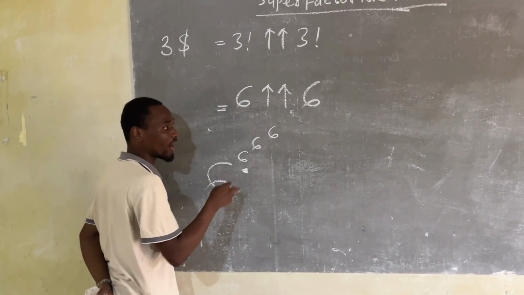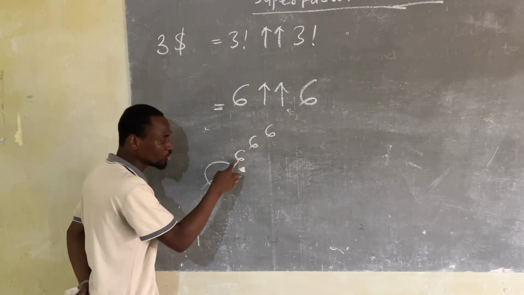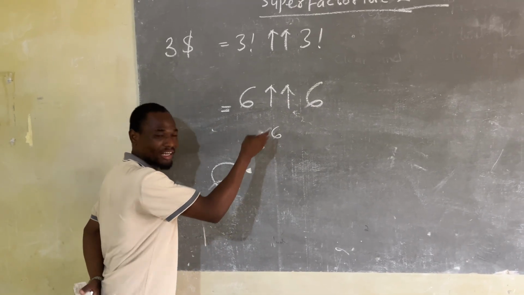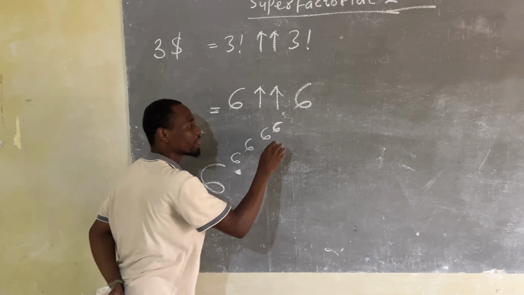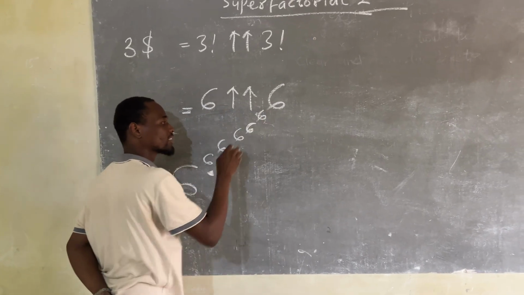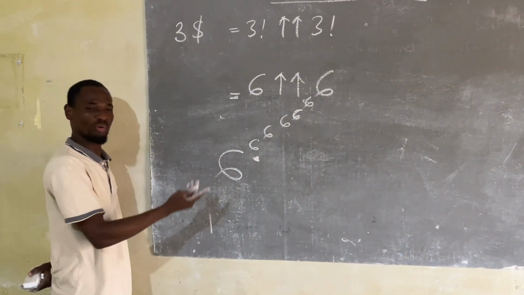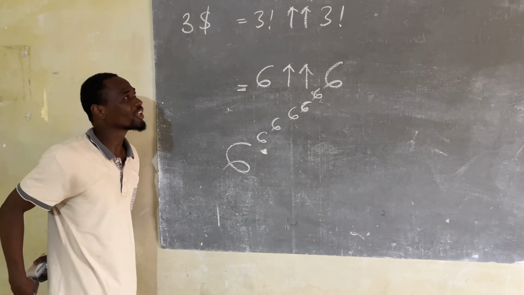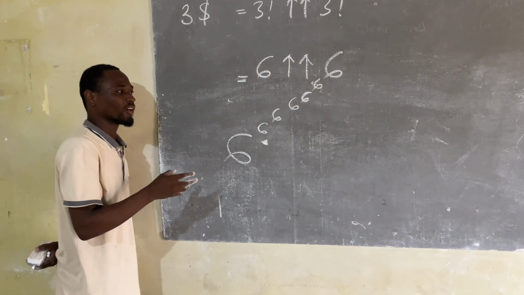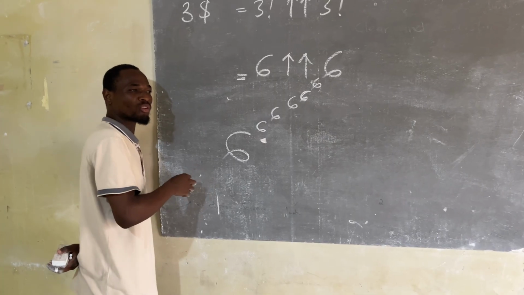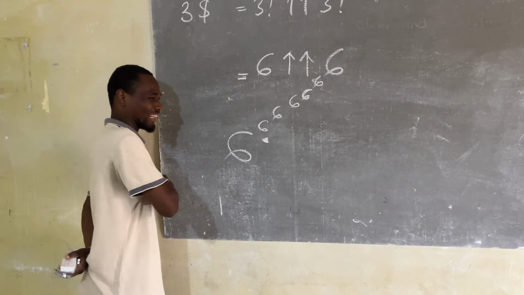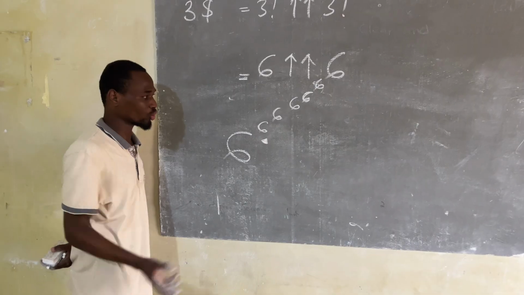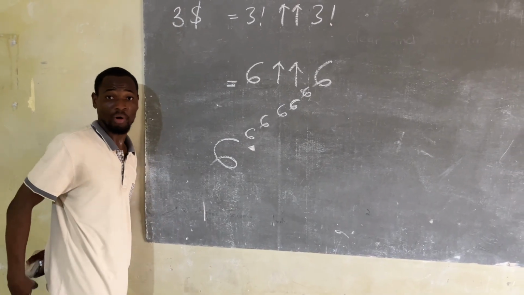Let me do the counting, whether I'll get 6. 1, 2, 3, 4. That means I have to add another 6, which is 5. Then I add another 6. As simple as that. But you know that for questions of this nature, you will get an unimaginably large number. So you stop at this point.